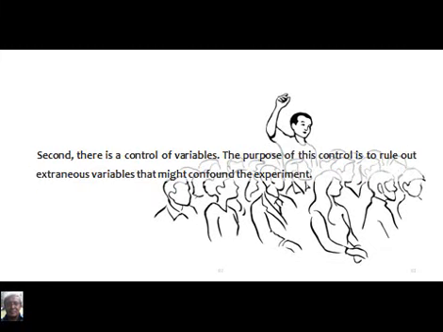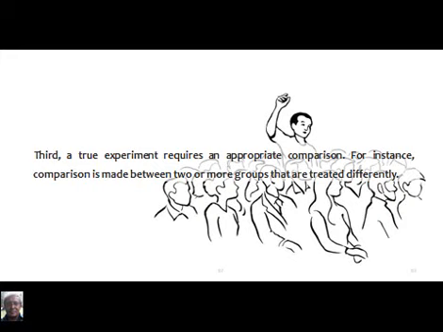Second, there is a control of variables. The purpose of this control is to rule out extraneous variables that might confound the experiment. Third, a true experiment requires an appropriate comparison. For instance, comparison is made between two or more groups that are treated differently.